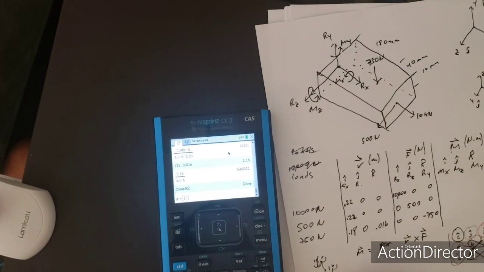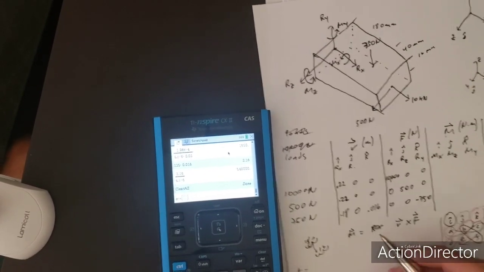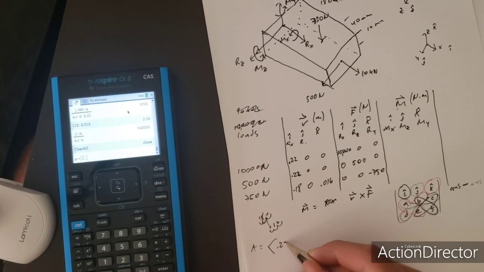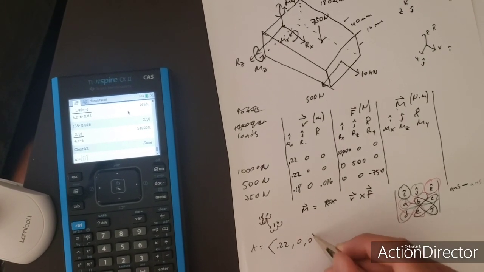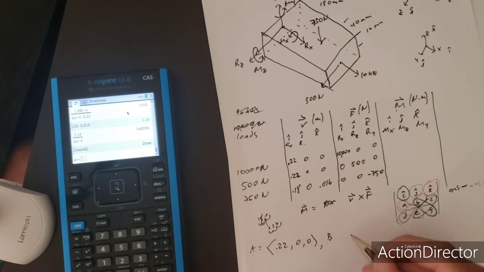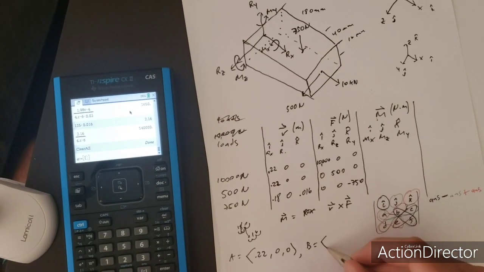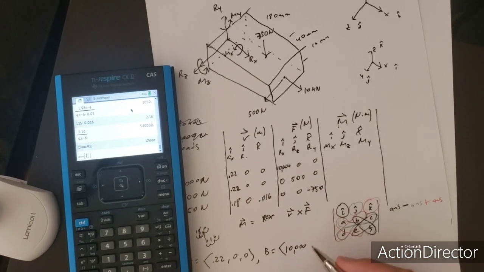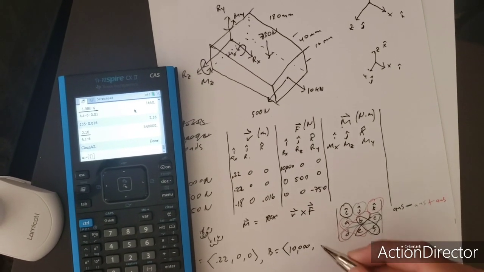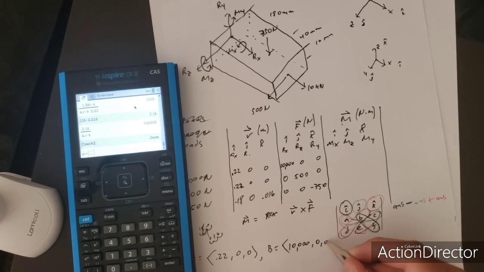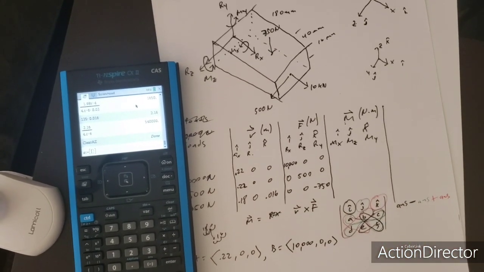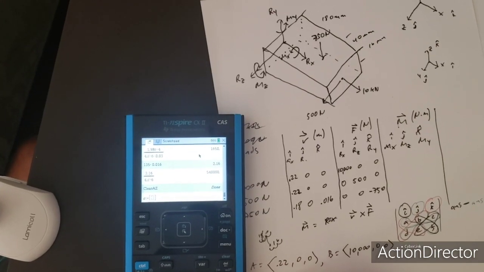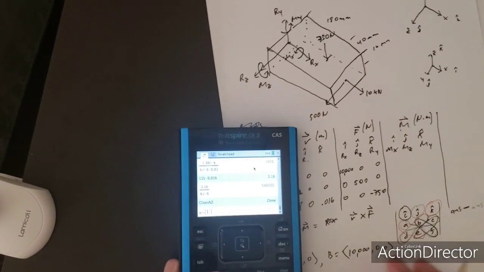Oh, and by the way, I'll name this vector A as 0.22, 0, 0, and vector B is going to be, and that's just another way with this, the arrows having as a vector. It's just another way of writing it instead of having the IJK. Okay, now that I did that, I do A cross B, and that should be the cross product.